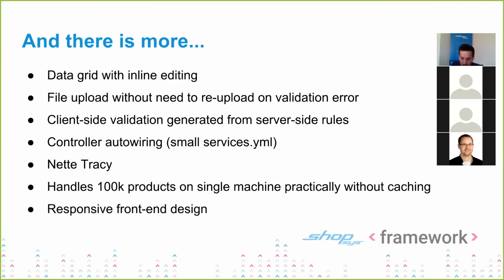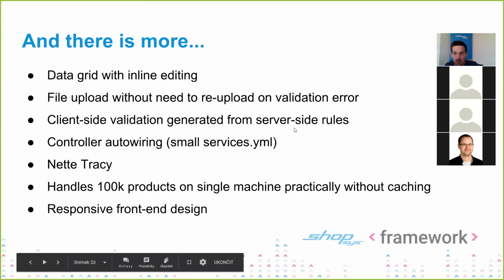So if you have just one or few users, there is not a big load. The application should run without caching and without needing to deploy the application to more servers and so on.